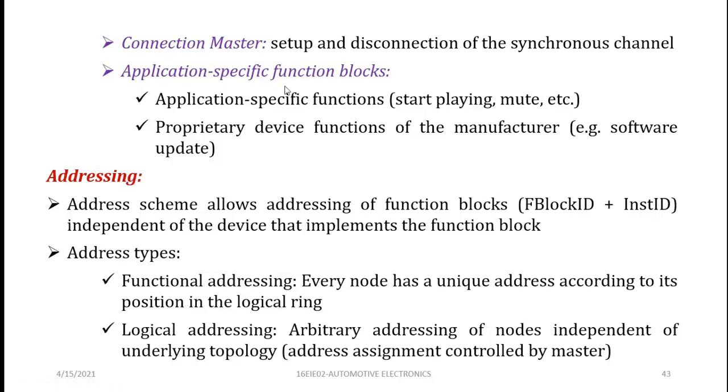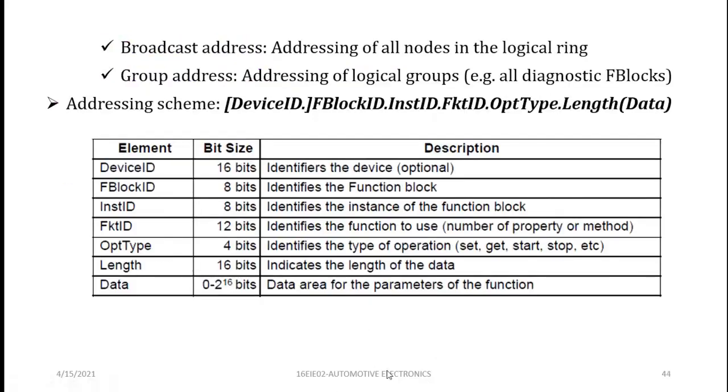In addressing there are different types. What is functional addressing? That is, every node has a unique address according to its position. Logical addressing, that is arbitrary addressing, is address assignment controlled by the master. Broadcast addressing is addressing of all nodes in the logical ring, because after each and every node the process goes to the next node till it reaches the master.